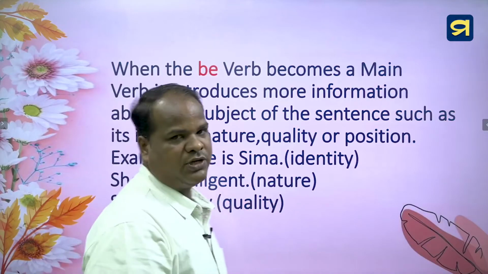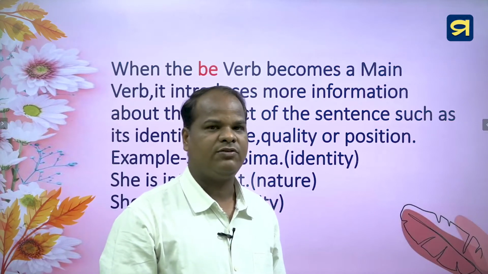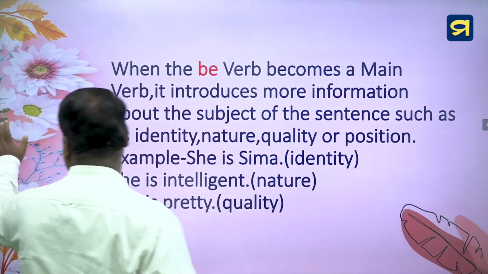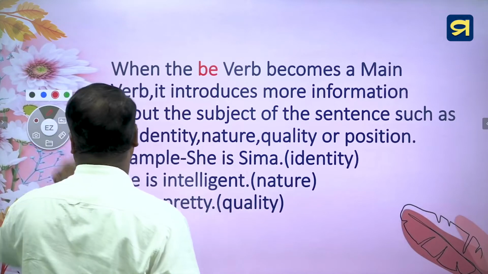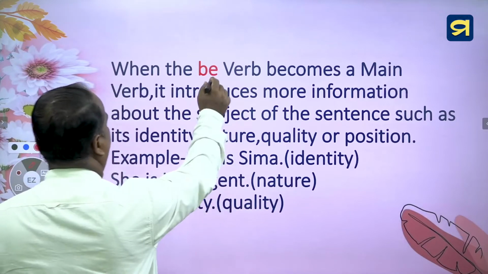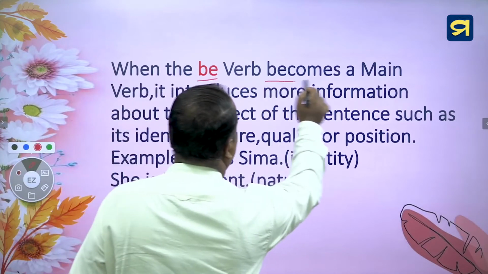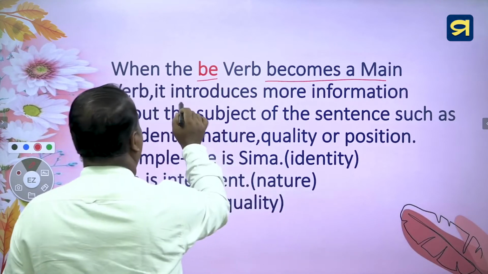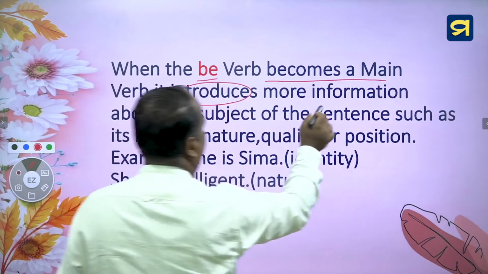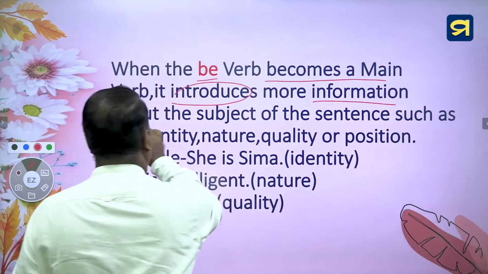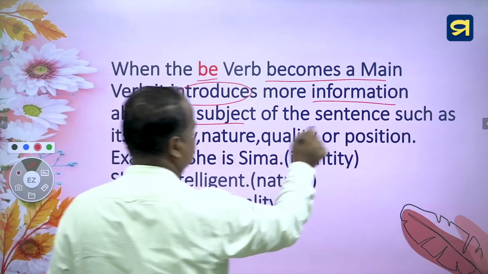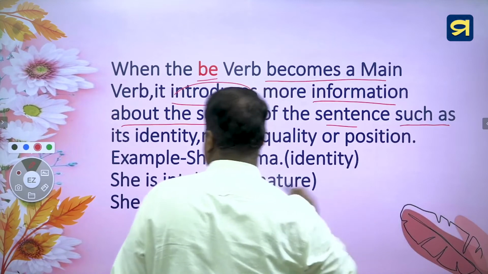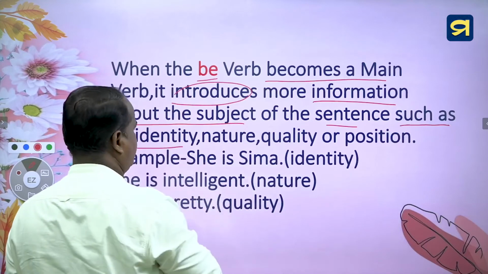Students, we have to know some other things about be verbs. When the be verb becomes a main verb, it introduces more information about the subject of the sentence, such as its identity. Whose identity?